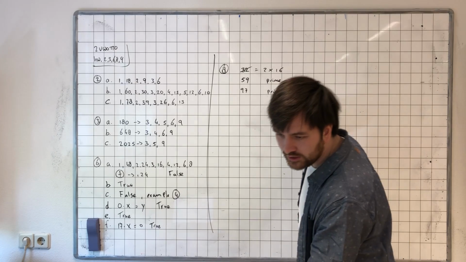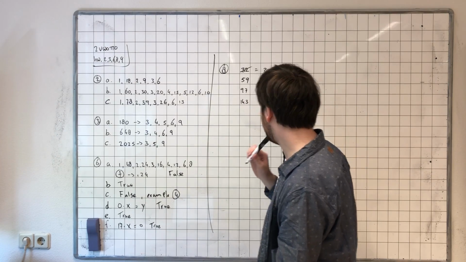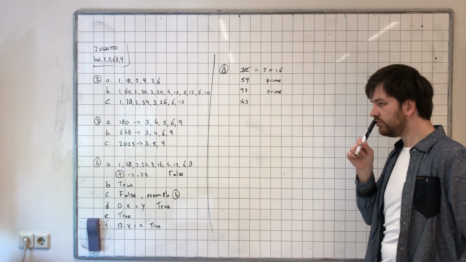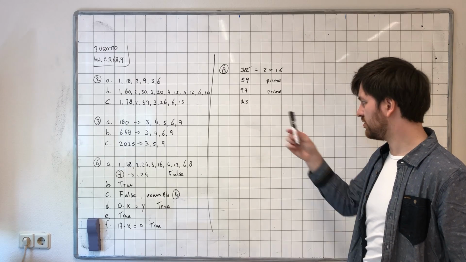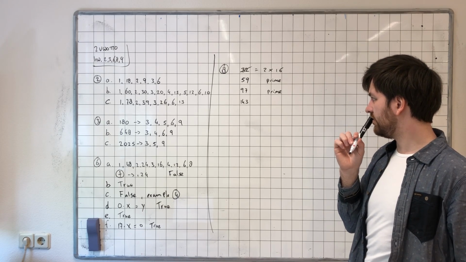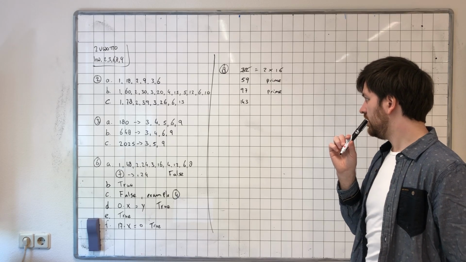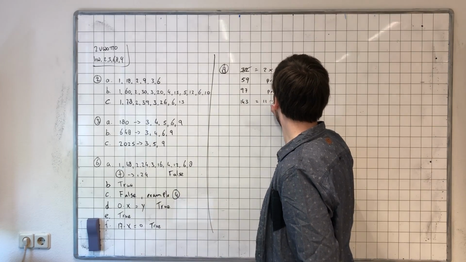143. Can't divide it with 2, with 3, because the sum is 8. We can't divide this with 5, not with 7. This is a tricky one, because this is 11 times 13.